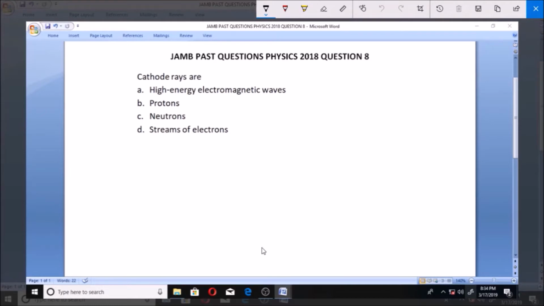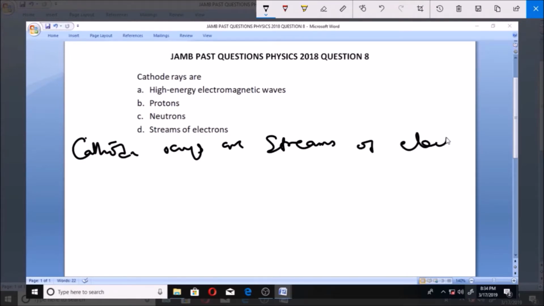Now, cathode rays are streams of electrons, and their effects can be observed using a cathode ray tube in a process known as thermionic emission. So for us to understand this question very well, we need to state this fact that cathode rays are streams of electrons. That is what cathode rays are, streams of electrons.